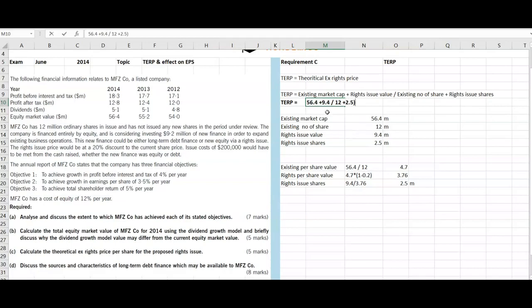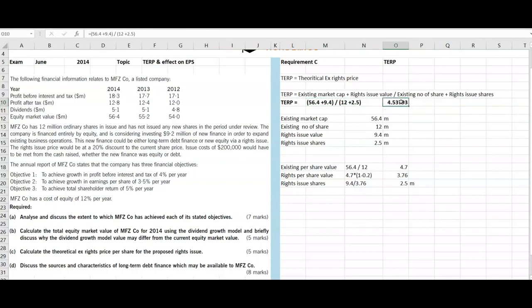You can add these together and solve this, and we'll get the TERP.